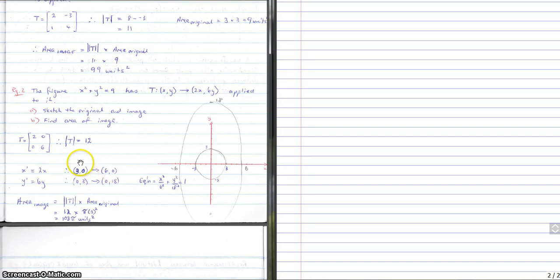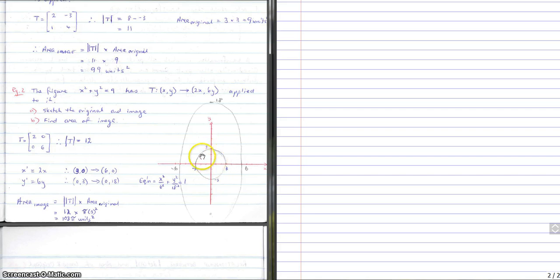Our y value becomes 6 times y, so 6 times 0 is 0. Applying the same rules for x prime and y prime to 0, 3, we get 0 because 2 times 0 is 0 and 6 times 3 is 18. So these are two image points taken from these two points here and here.